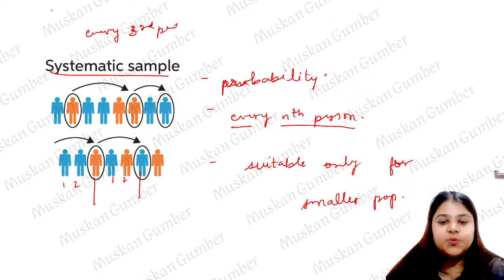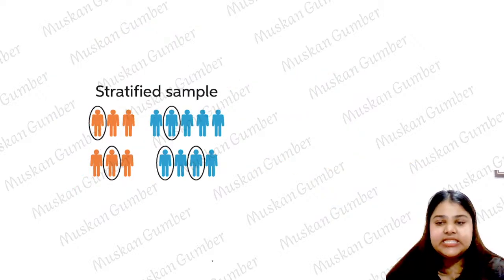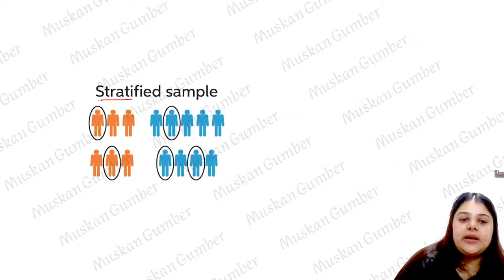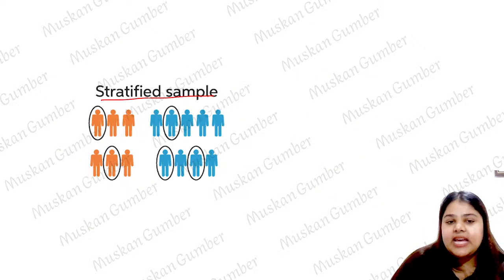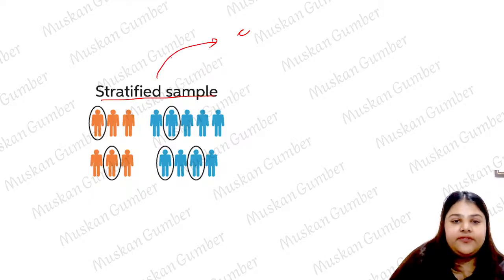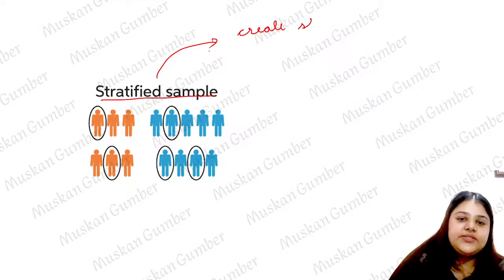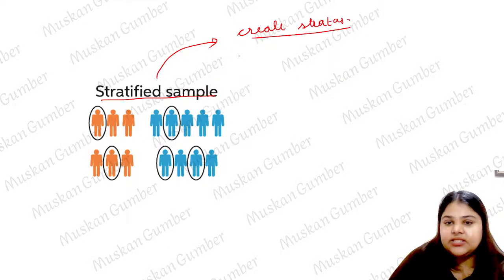Let's move ahead to other types of probability sampling. We have stratified sampling. What is there in stratified sampling? In stratified sampling, we create strata. What are the strata, or what are those stratum?